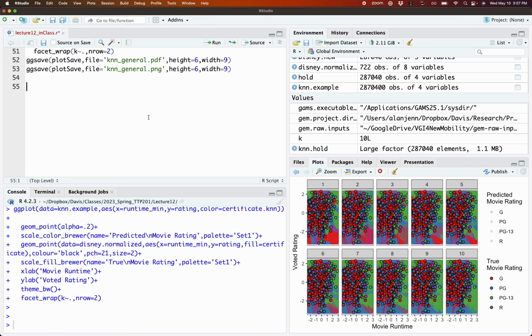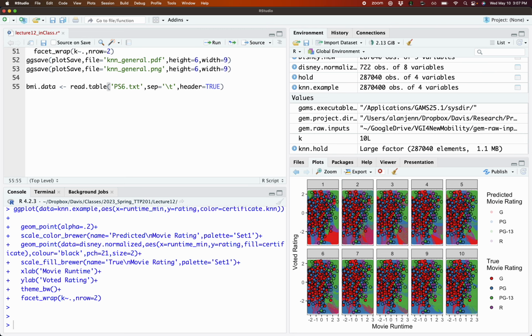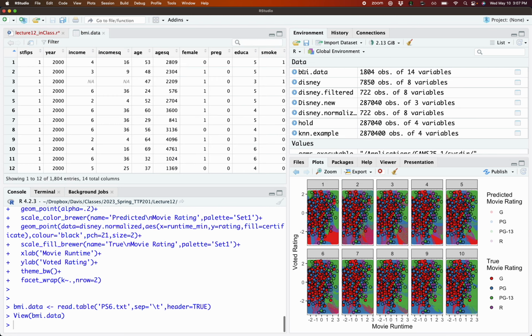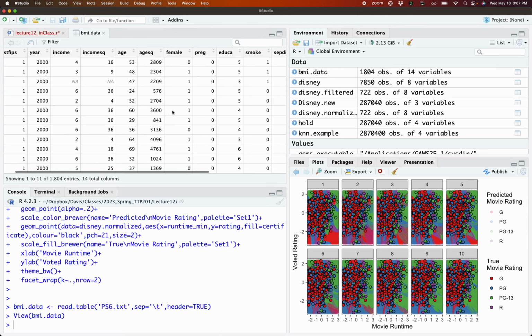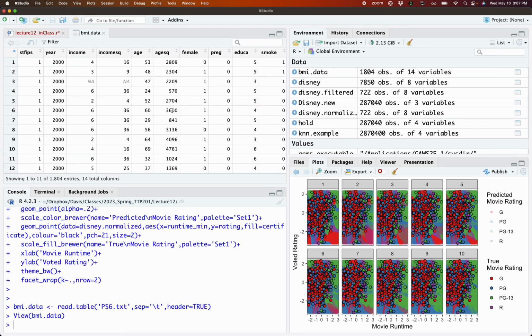So I already uploaded this to Canvas. There is a data set called PS6. This is a tab separated data set. And so we can see what that looks like here. It has all of the variables I was talking about.